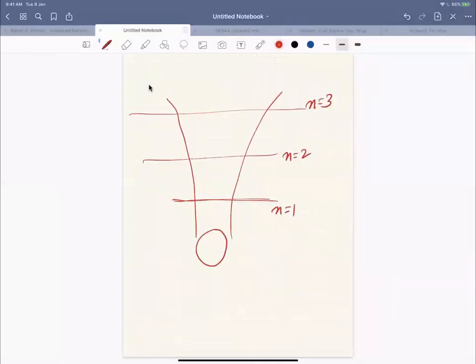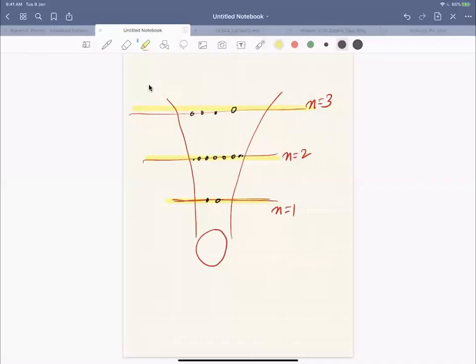Here I have 2 electrons, here I have 8 electrons, and here I have 4 electrons. So these are discretized energy states. These are the states where you could have electrons.